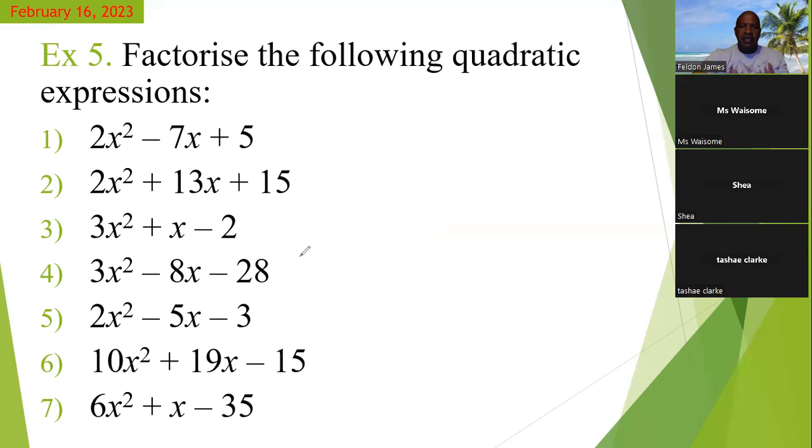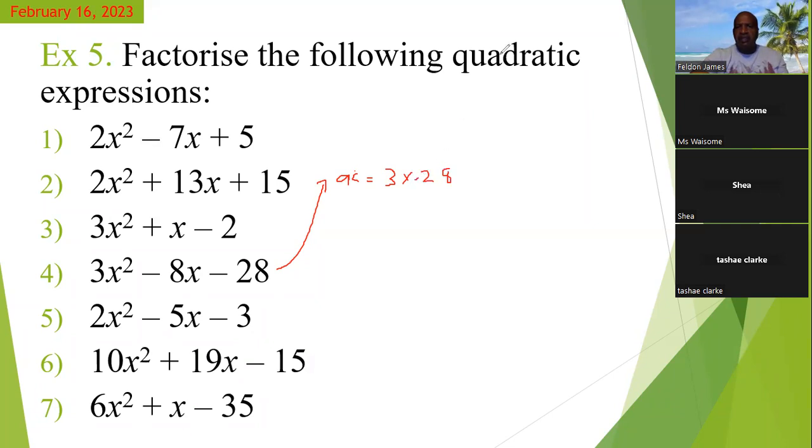So question 4. Just in a similar way, finding AC would give us 3 times -28. All right, 3 times -28.